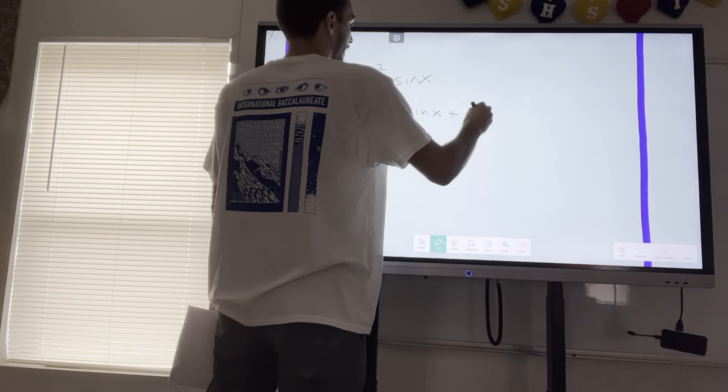Very difficult to do for integrals, right? You've got to really be on top of your game to figure out what came before it if you're doing product rule.